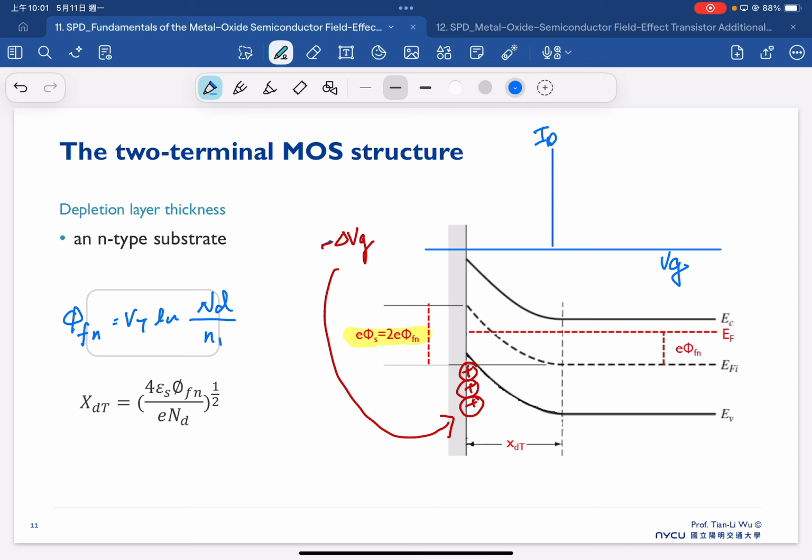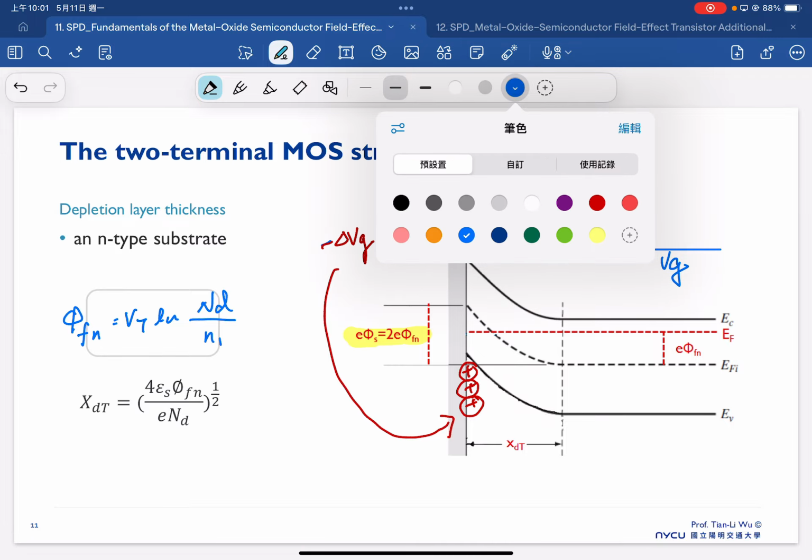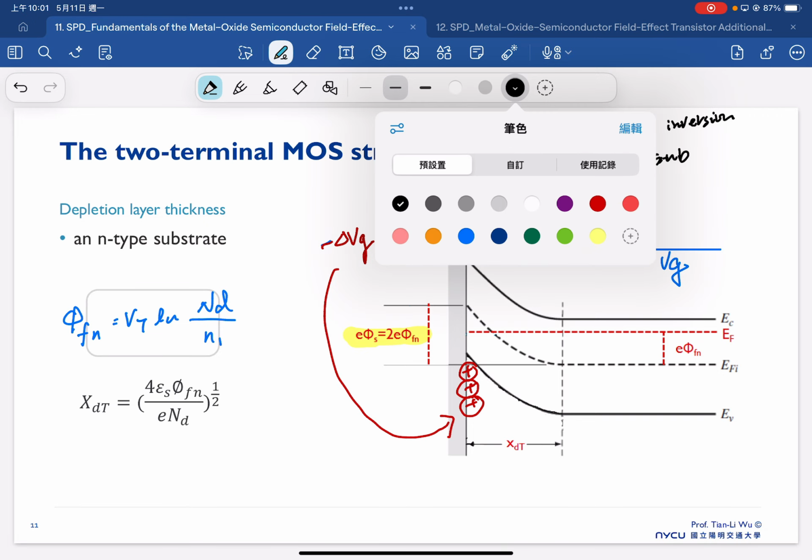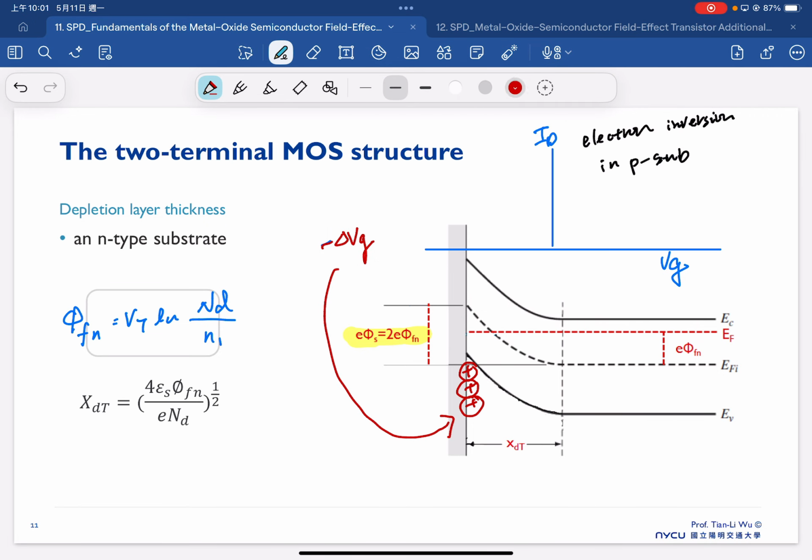In the case of the P-type substrate, we have electron inversion in the P substrate, and therefore we can have a curve something like this one, and we define this as the threshold voltage.